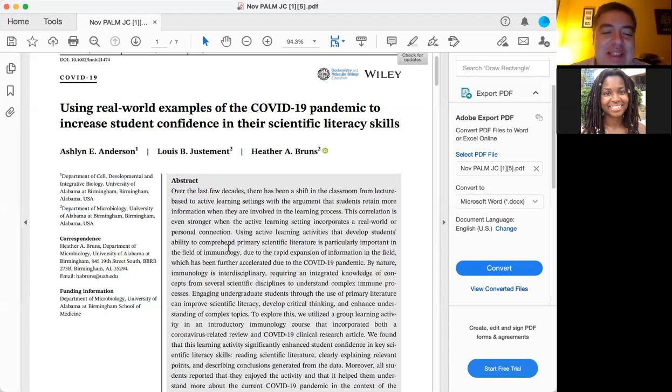This paper does provide a couple of different avenues of discussion, which is why I chose it. It's short, and there's actually not a lot here in terms of data. But what I liked it for was the discussion flashpoints. Number one, the idea of using current events: what can you do COVID-19 wise to get people excited about primary literature and looking at a problem in a complicated way.